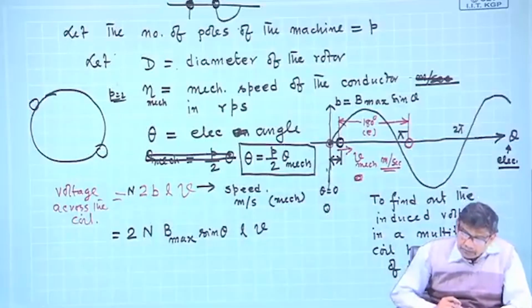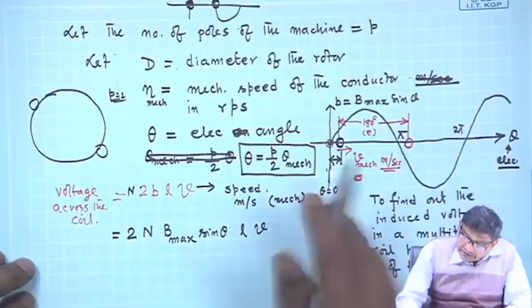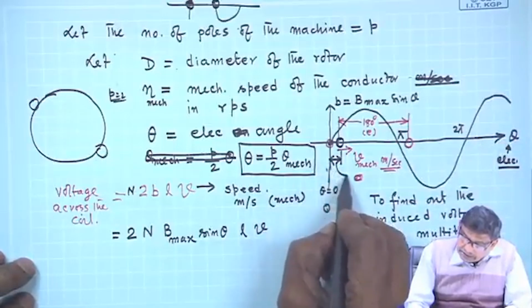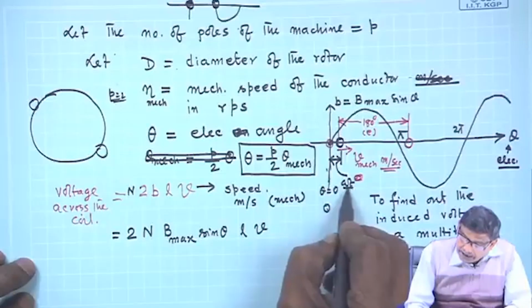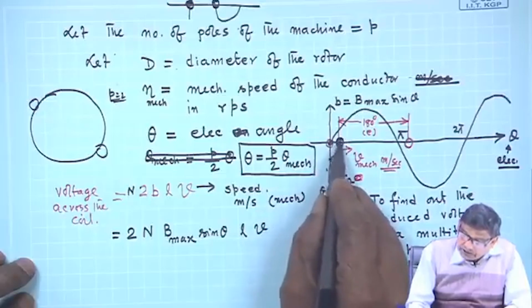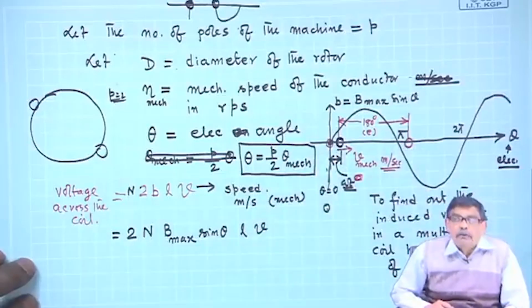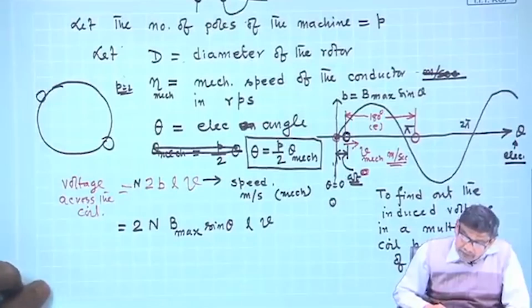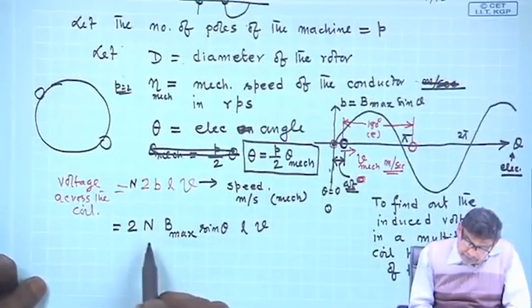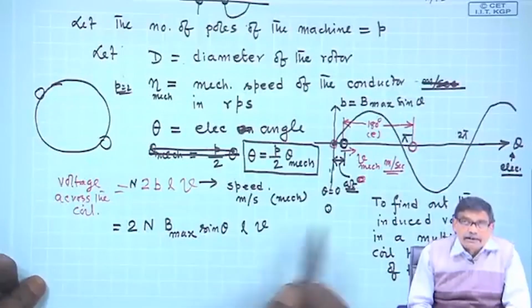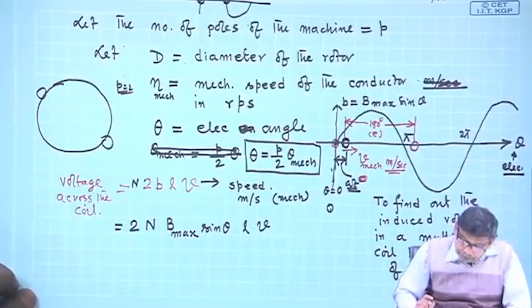By what angle has it moved? It has moved by, this is electrical degree, omega t. And in this position, I want to find out what is the induced voltage in the coil. So, I have taken the things correctly, no problem.